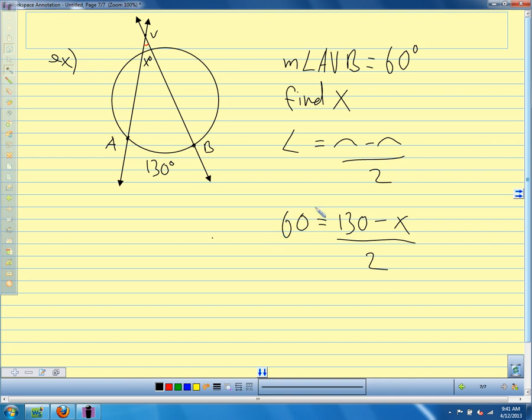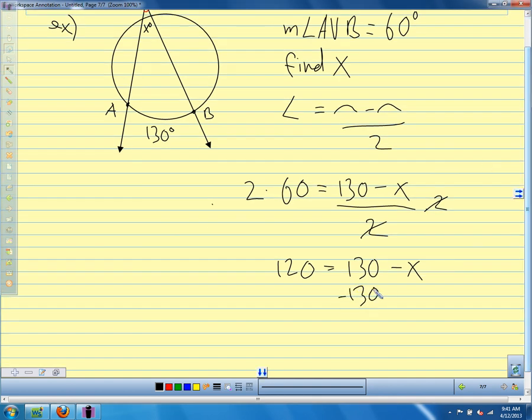So our angle is the arc minus the arc divided by 2. Next step here, what do we want to do? Multiply both sides by 2. Just like the last problem, those cancel out. I get 120 equals 130 minus x. Next step, what do I want to do, Preston?